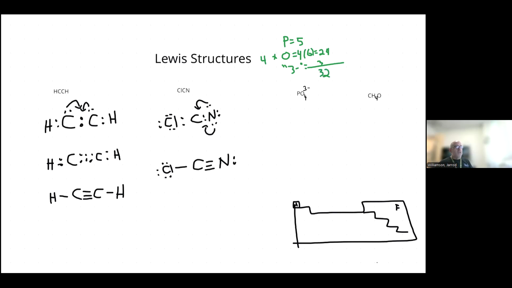Phosphorus will be the central atom. Pair of electrons to connect each oxygen.